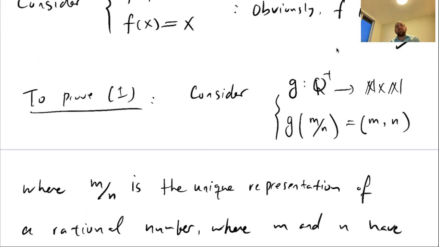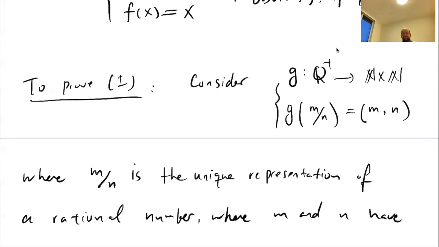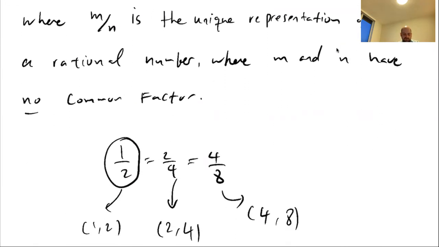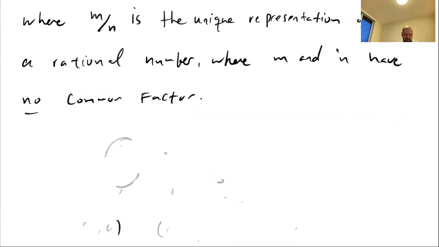But g of, for example, 4 over 16 would not be 4 comma 16, because 4 over 16 can be simplified. If it can be simplified, first simplify it. 4 over 16 is the same as 1 over 4, and g of 1 over 4 you can define as 1 comma 4. Okay, so that's a technical issue to be taken care of here.